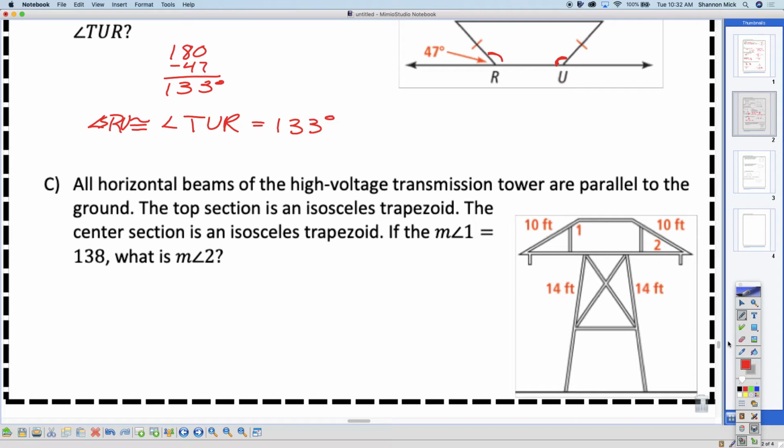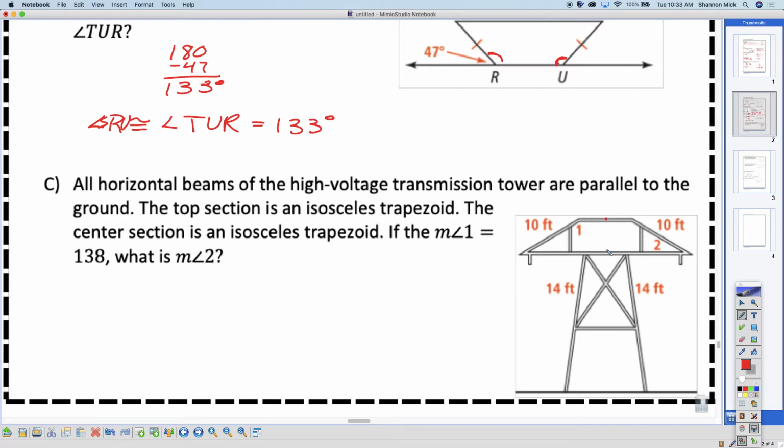Okay, all horizontal beams on the high voltage transmission tower are parallel to the ground. It's important that we know that, because if I know that this and this are parallel, then I have a trapezoid, correct? Because in a trapezoid they have to be parallel.